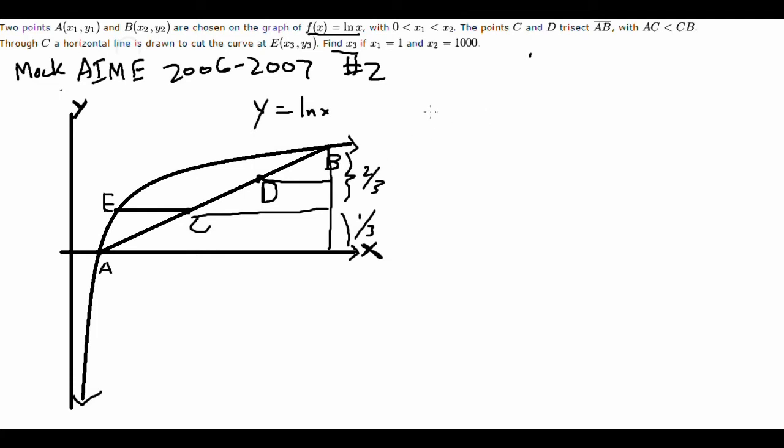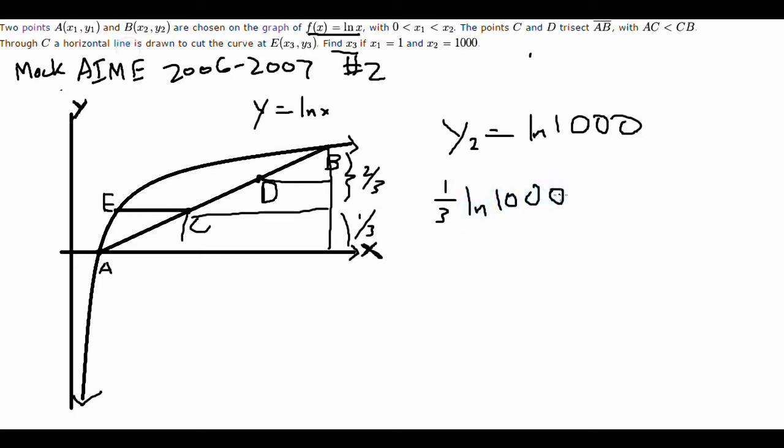let's just start by finding the y coordinate of B. And we're given that x2 is 1000, so y2 is just equal to natural log of 1000, and that is the y coordinate of B. And we just saw before, because of similar triangles, the y coordinate of C, which is the same as this, is 1/3 of the y coordinate of B. So that's 1/3 of natural log 1000.